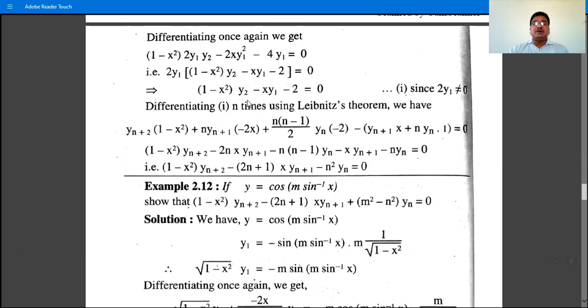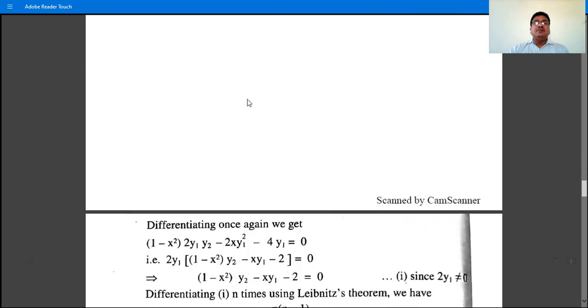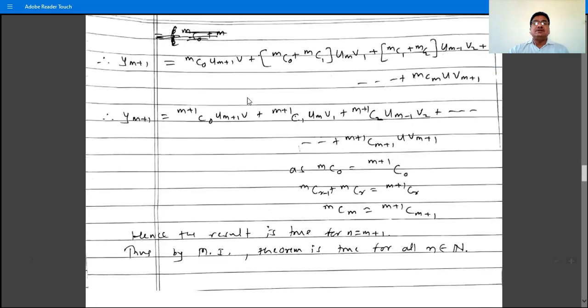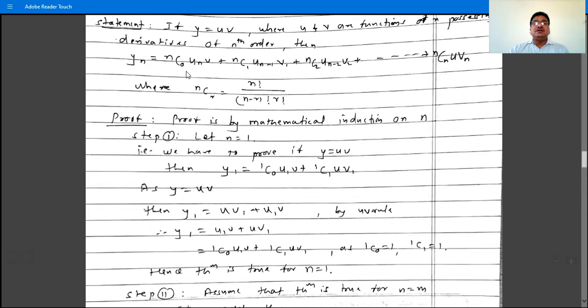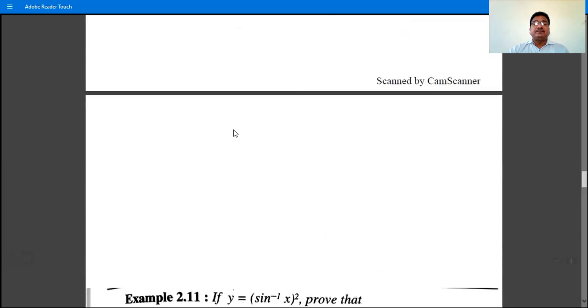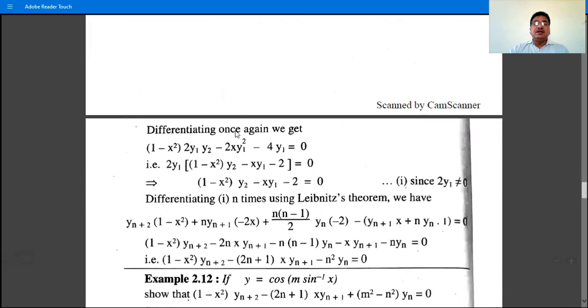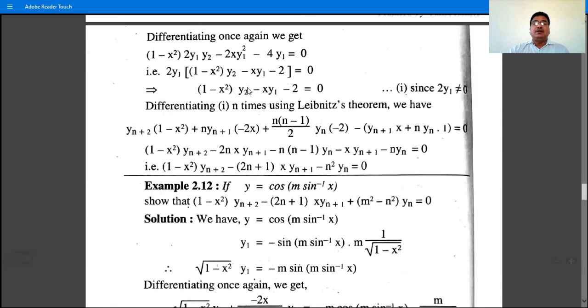What is the first term of the Leibniz theorem? This is the first term: nC0, which is 1, into un v. What is un? It means the nth order derivative of y2, and it is y(n+2).